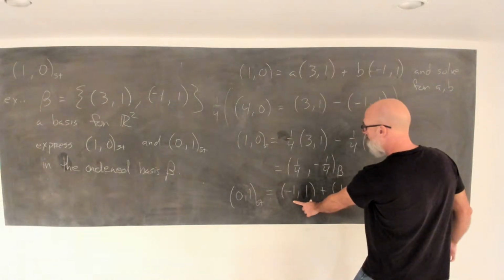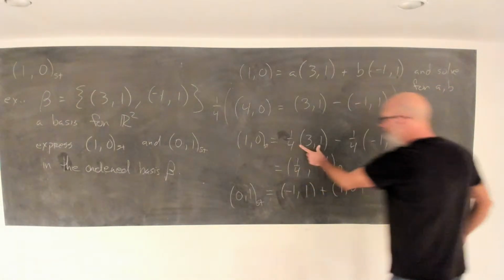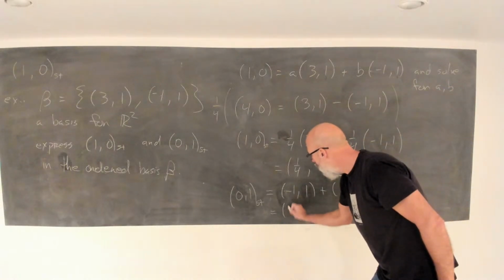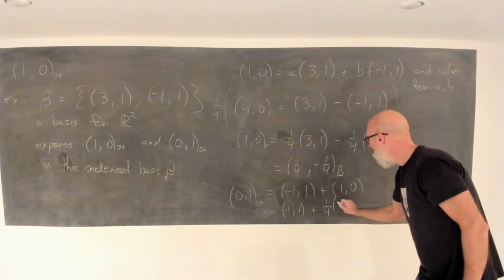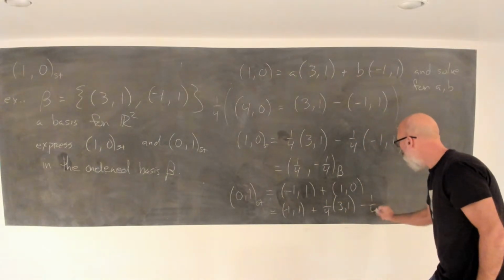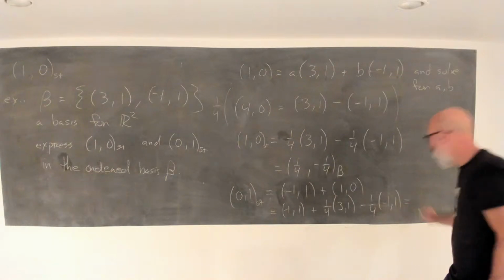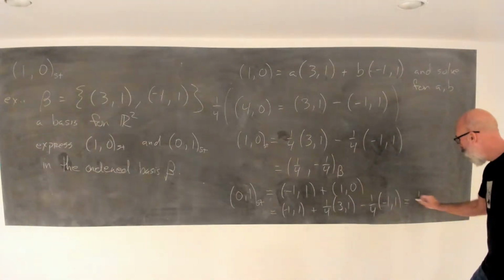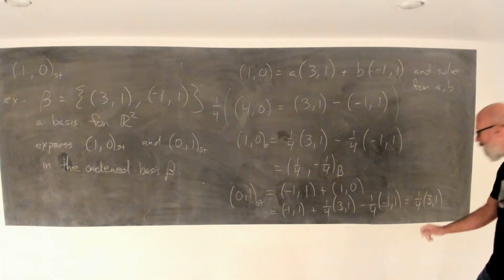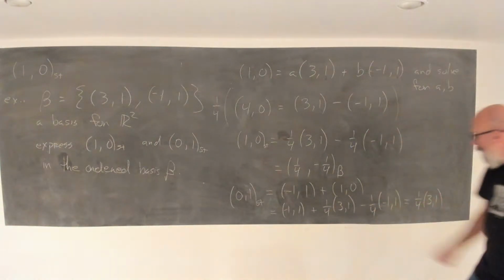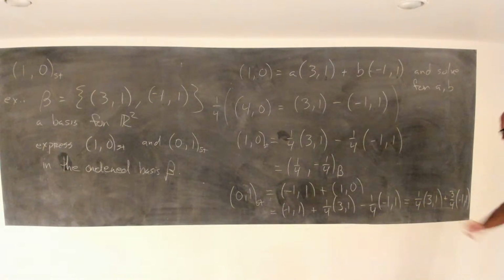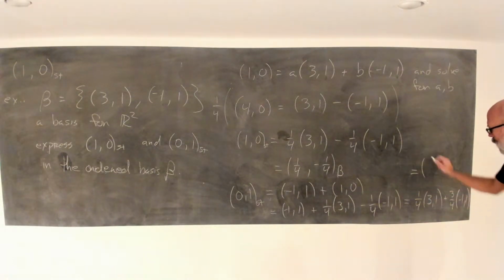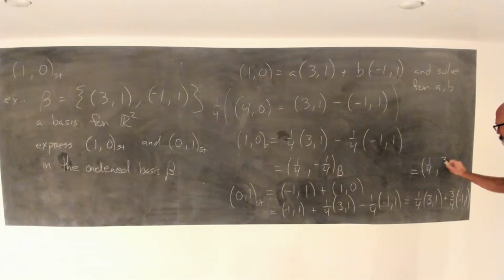And this we just found. That was 1/4 (3, 1) minus 1/4 (-1, 1). So it's 1/4 (3, 1), and 1 minus 1/4 is 3/4, times (-1, 1). In other words, it's 1/4 times the first one plus 3/4 times the second one.